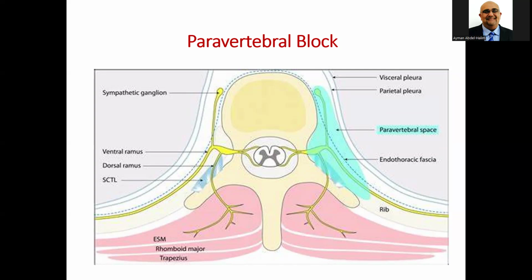As you can see, it communicates up and down, medially and laterally, so in 4 directions. So you have to be careful with the volume of local anesthetics you're injecting, because you can produce hypotension.